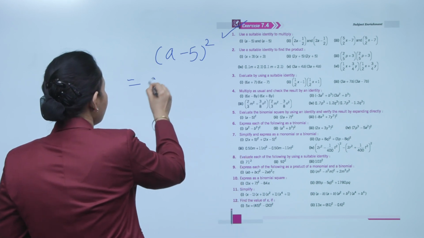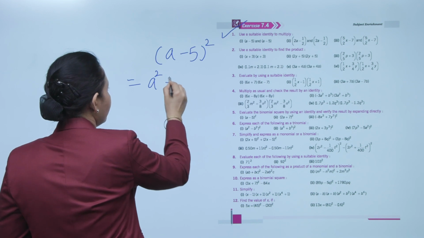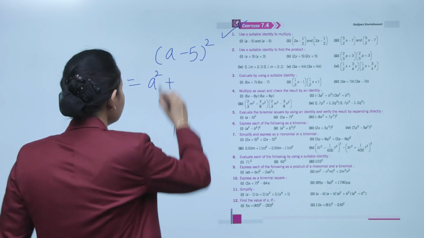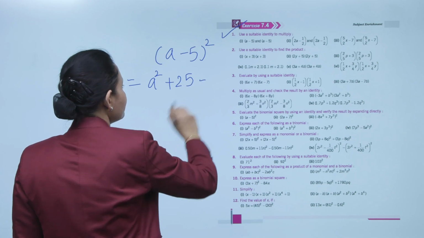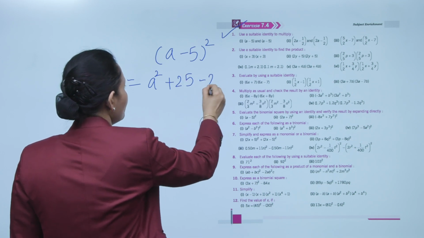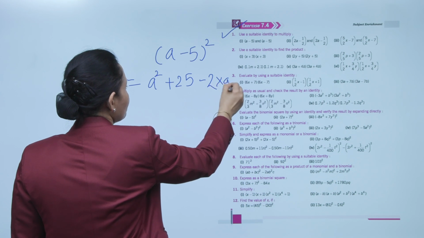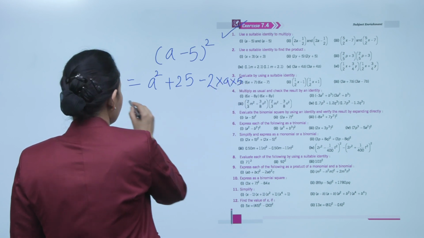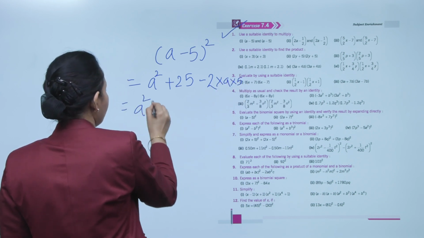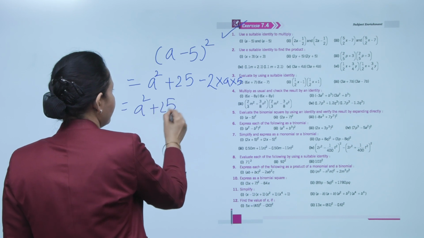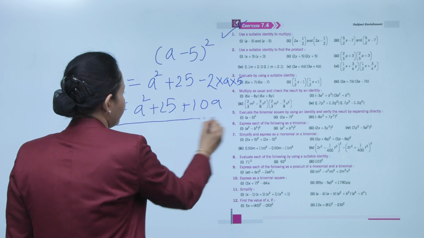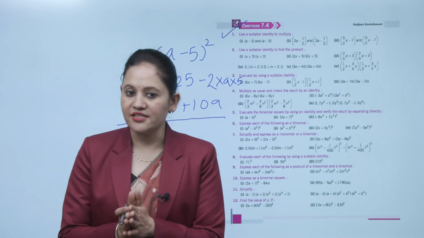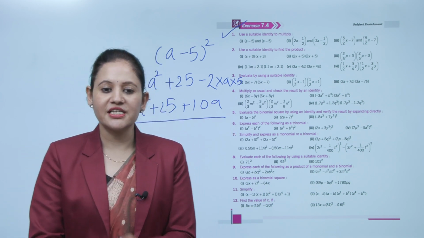So b की value क्या, 5 means का square that is 25, minus 2ab means 2 into a into 5. So that is equals to a square plus 25 minus 10a. That is our answer. Practice all the questions of this exercise.